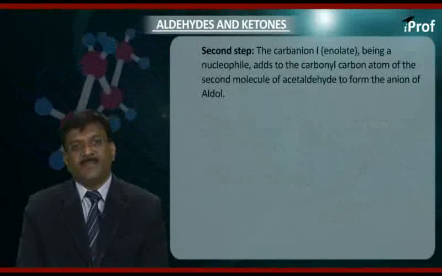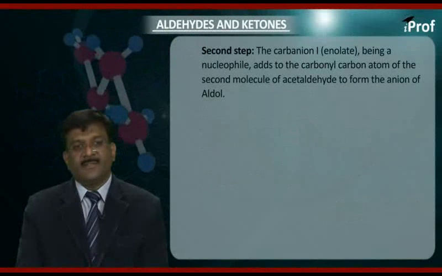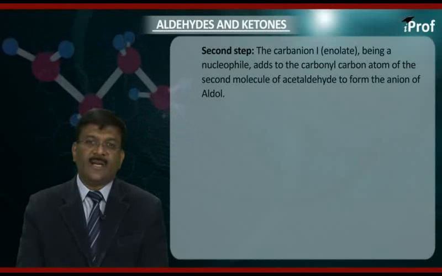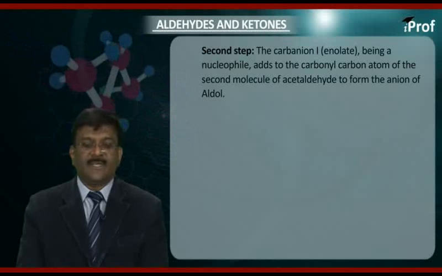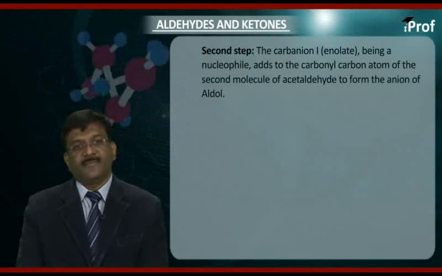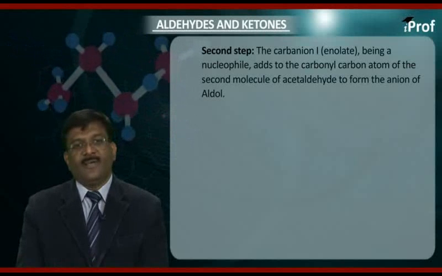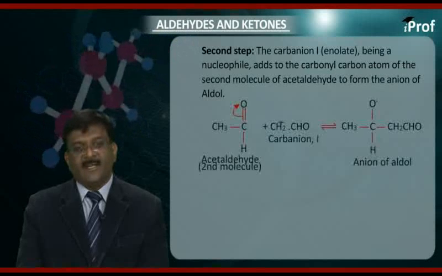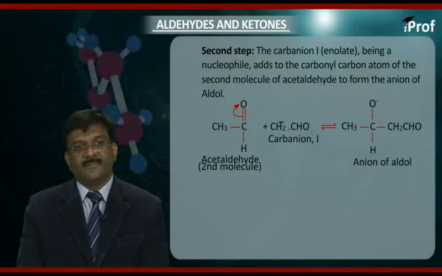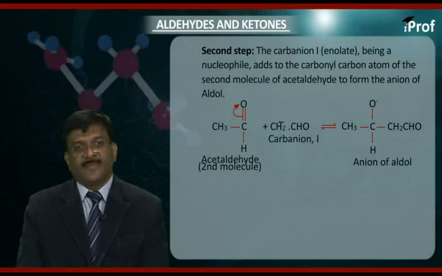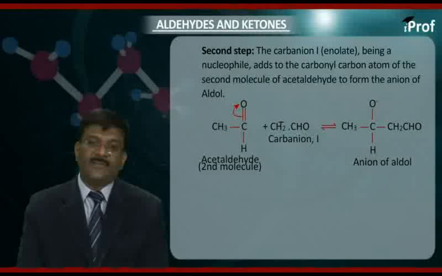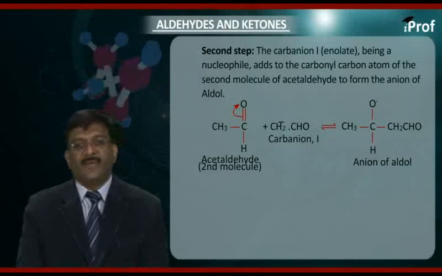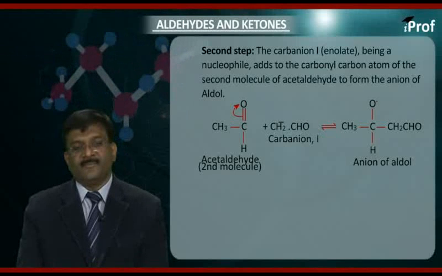In second step, the carbanion 1, this is enolate, being a nucleophile, adds to the carbonyl carbon atom of the second molecule of acetaldehyde to form anion of aldol. This is acetaldehyde second molecule attached with carbanion 1 to give anion of aldol.